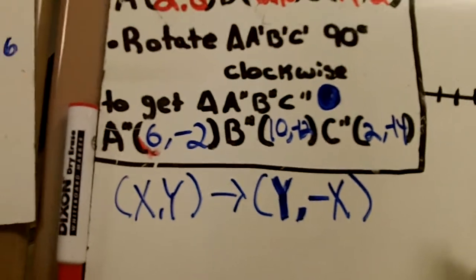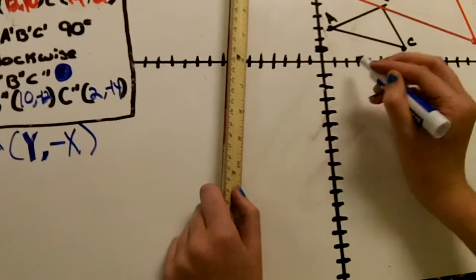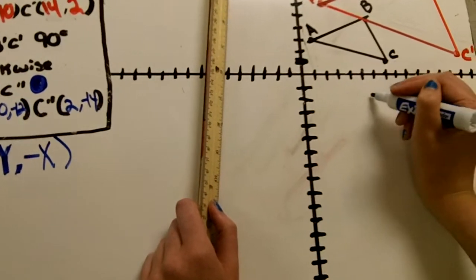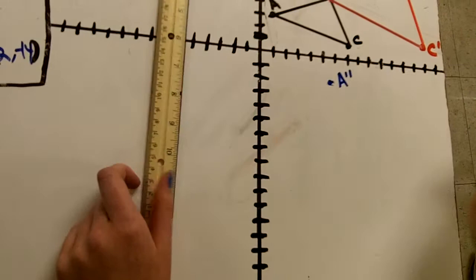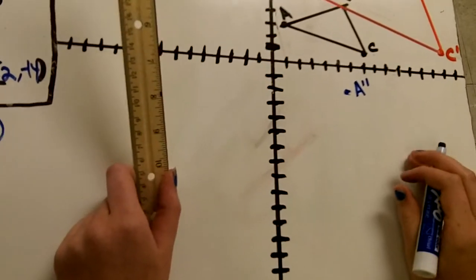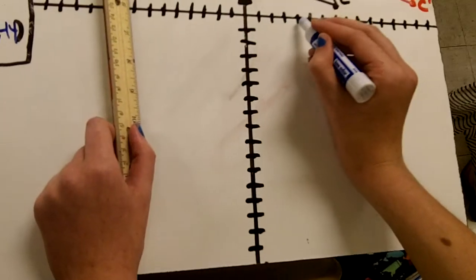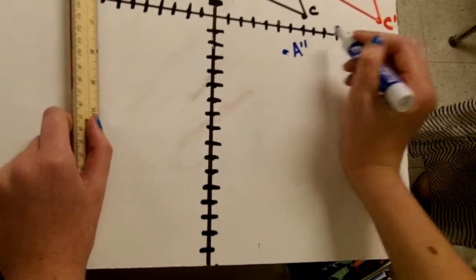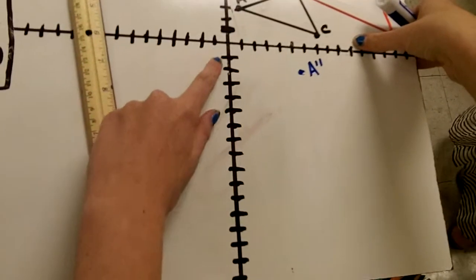So let's go ahead and graph A double prime. 6, negative 2. There's A double prime. B double prime, we're going to have 10, negative 12.